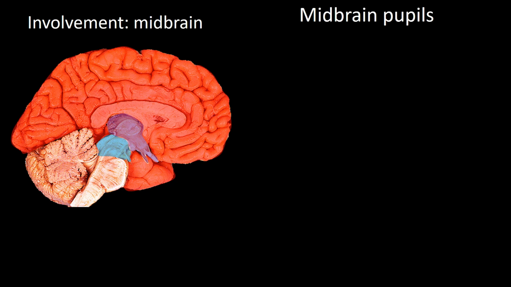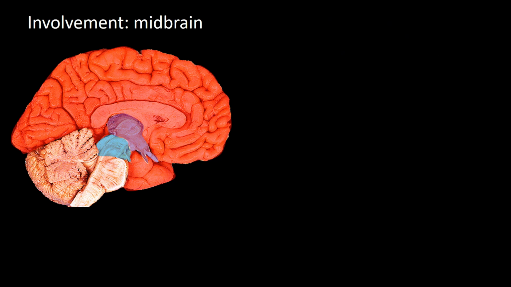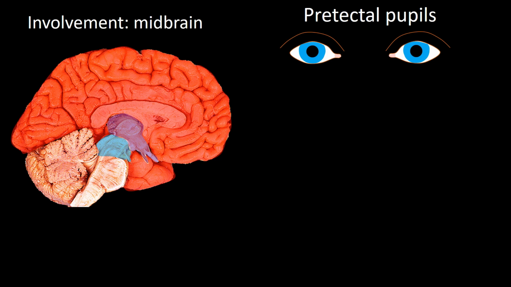One type is called midbrain pupils. These pupils are mid-size or large and fixed. Another type of pupil seen with midbrain involvement is called pretectal pupils. They are large and fixed.